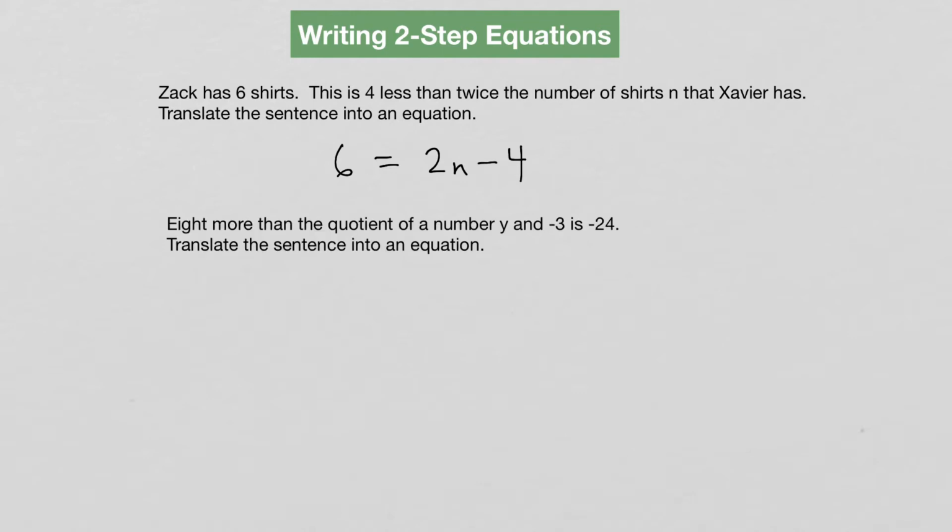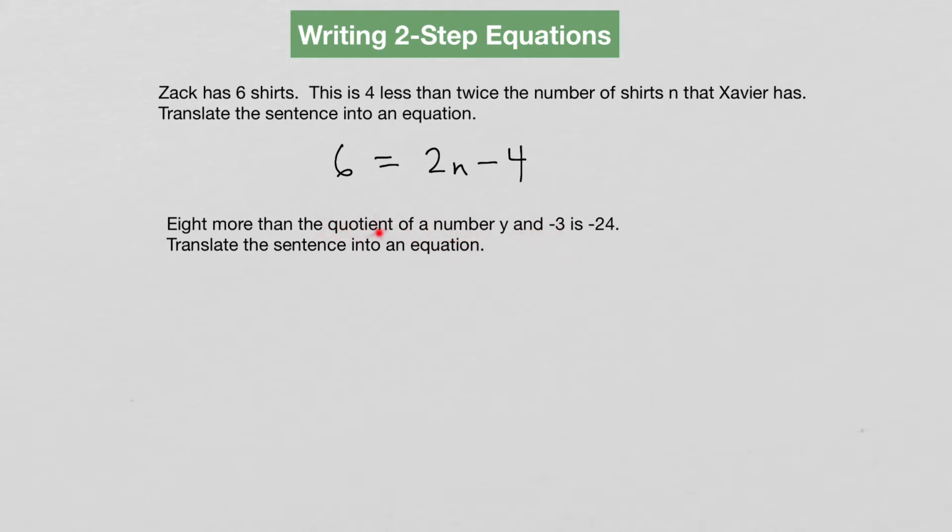So in this example, it says 8 more than the quotient of a number y and negative 3 is negative 24. Okay, so what I want to do is focus on the quotient of a number y and negative 3.